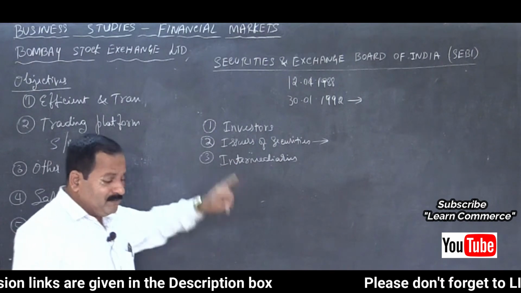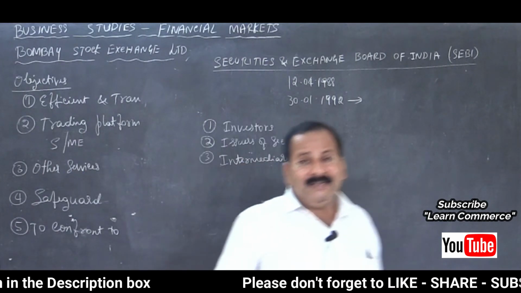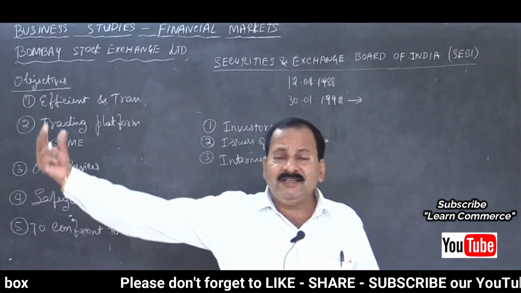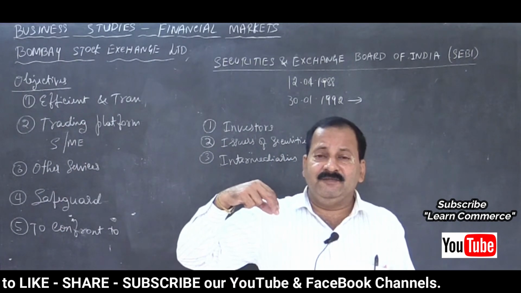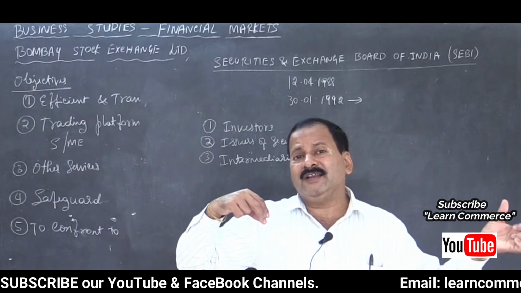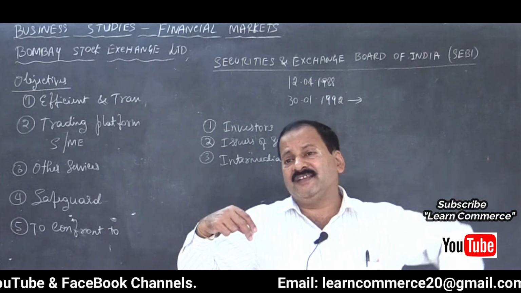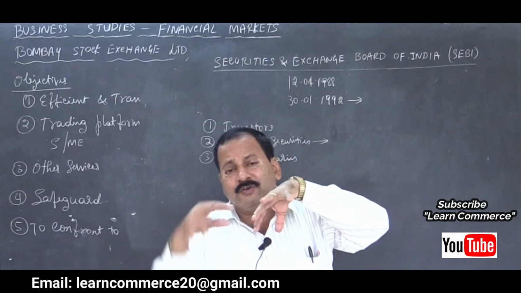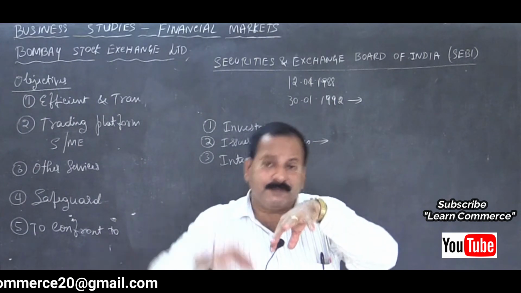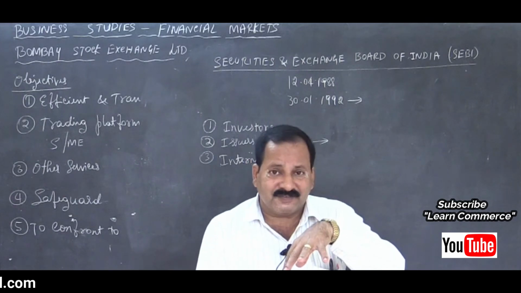Here also in the stock market, there are intermediaries to bring together the investors and the people who receive the investment. The people who are ready to invest, who have made their savings and who want to invest, and the people who want to use those funds for productive purposes, isn't it?